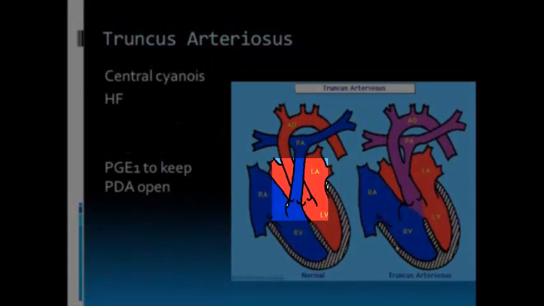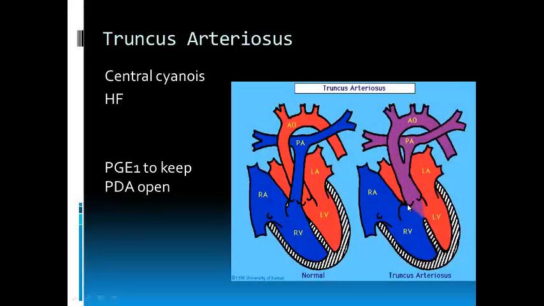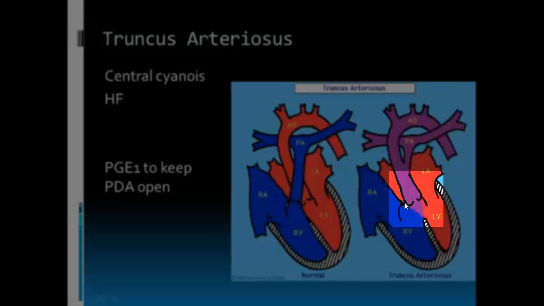Truncus arteriosus. What happens in utero is we have a pulmonary artery, which is right here, and an aorta. In utero, it's all one. These are one large artery.